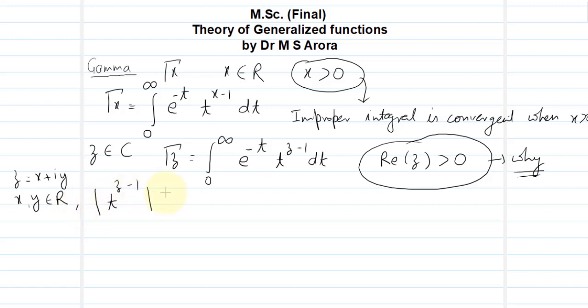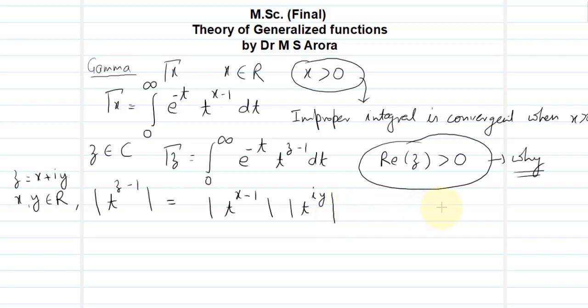So the modulus of t to the power z minus 1 can be written as t to the power x plus iy minus 1, so you can directly write x minus 1 plus iy. So t to the power x minus 1 in one bracket, and t to the power iy in another.